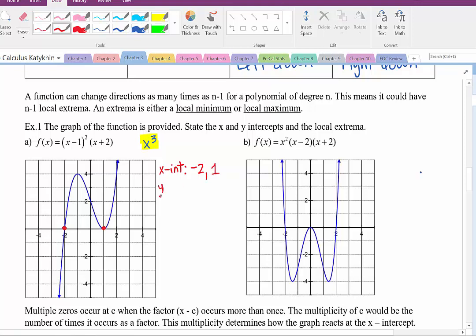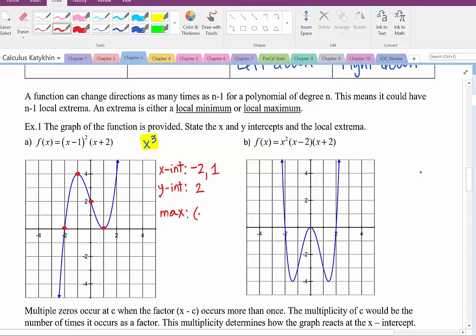Our y-intercept, as you can see, is at +2. So we can write +2. Our max is going to be here. That's our max. That is located at -1, +4.